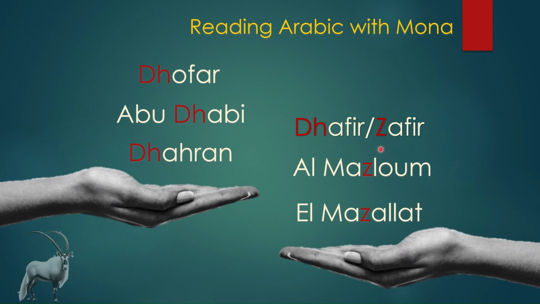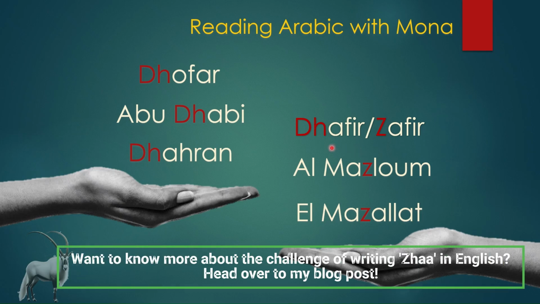And some write the Dha sound with the letter Z, and the result is Zafir. So you can notice the huge difference between the two sounds, although the original name is with only one letter. That is the lost identity of Dha. Dhafir, Zafir.